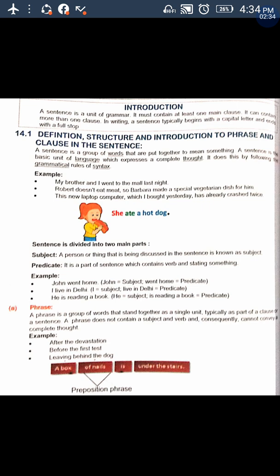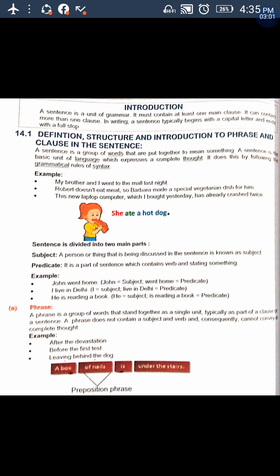So a phrase is a group of words which we write together. It is a part of a clause or a sentence. But a phrase does not contain a subject and a verb in it. And it cannot convey a total thought to us.